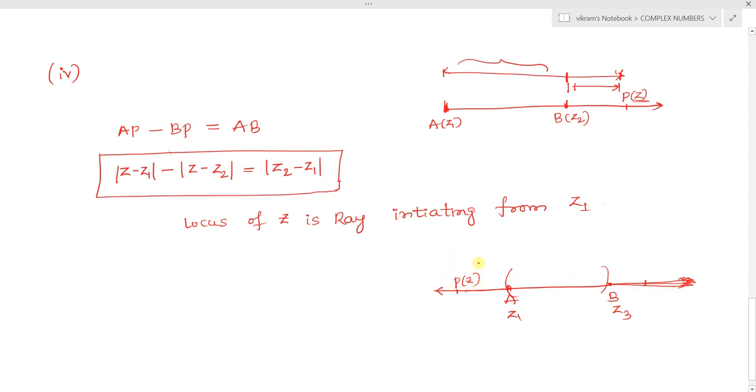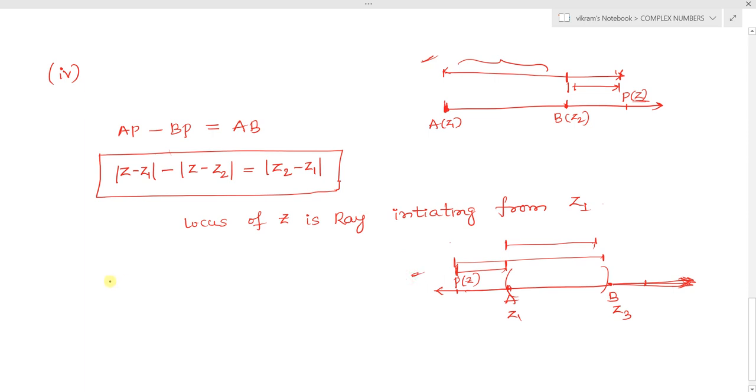For example, if it is over here, to obtain the distance AB, if it is on the right side, first we need to find out BP and then subtract AP. So it is the same as above.